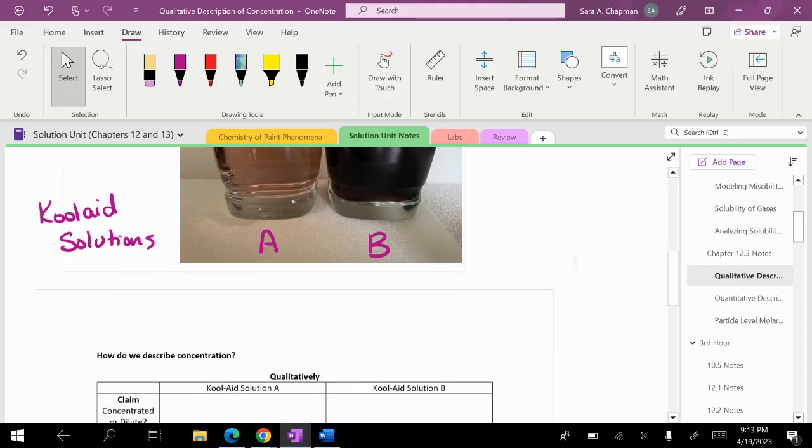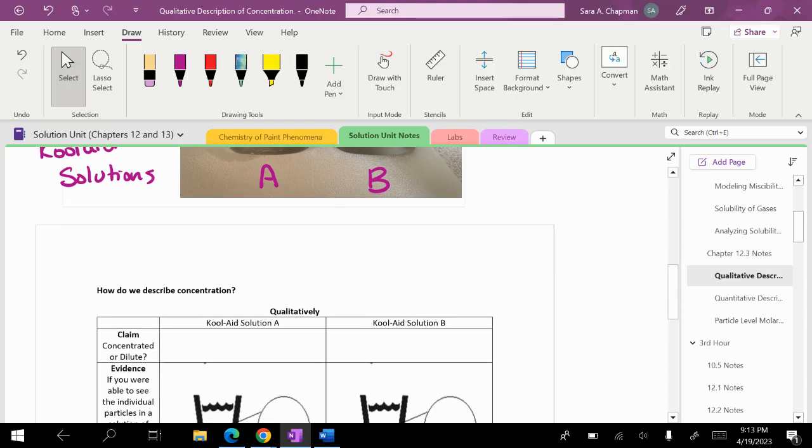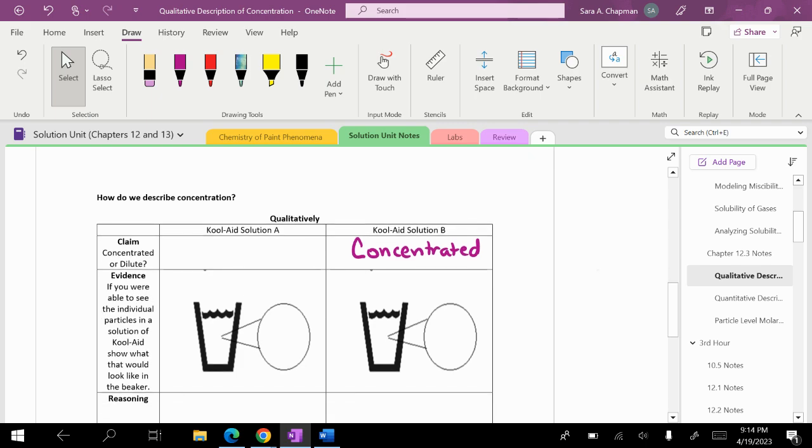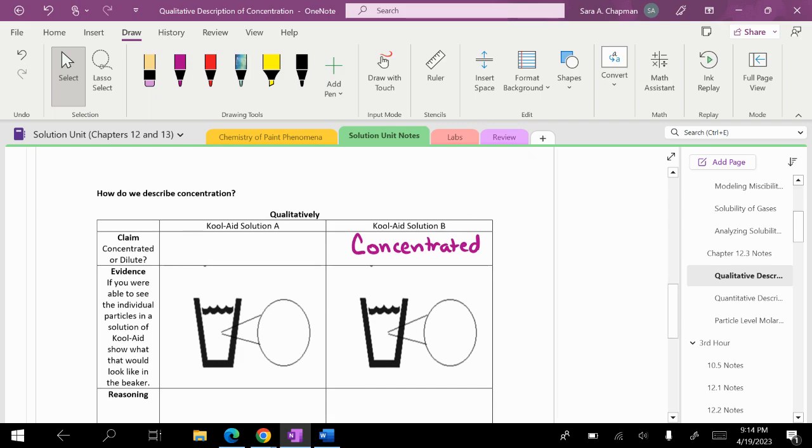So if you said that Kool-Aid solution B is concentrated, you would be correct. So if we were to go in and be able to see the individual particles of the grape Kool-Aid, what it would look like in the beaker, if it's concentrated, there are more particles per unit volume.